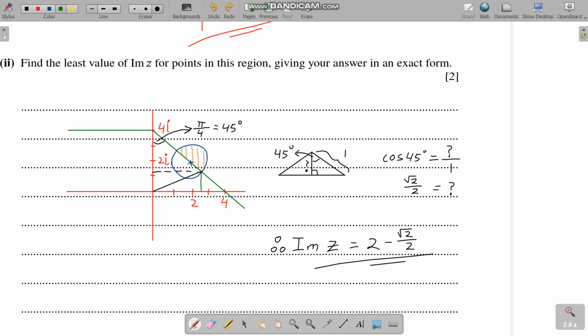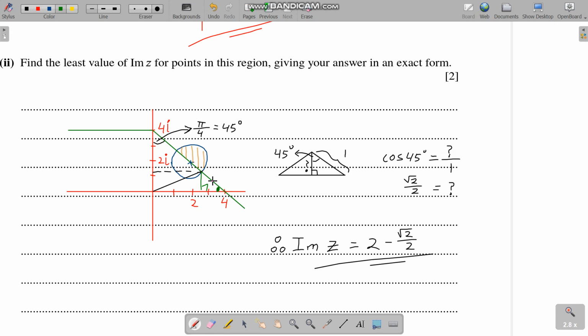This is a right angle here, and we know that this angle is 45 degrees, pi over 4, so this one is also pi over 4. Actually, that's not what we draw here. We are drawing this triangle actually. Okay, so this is the triangle we are drawing here.